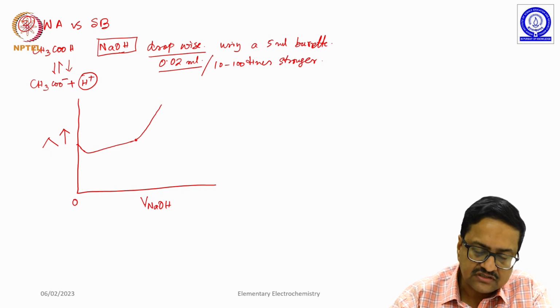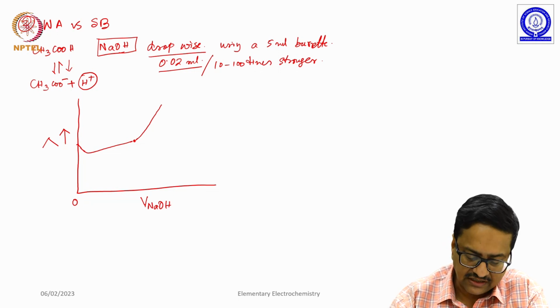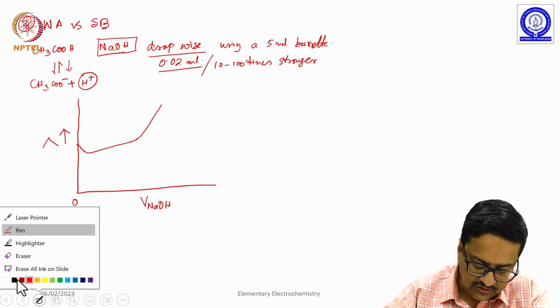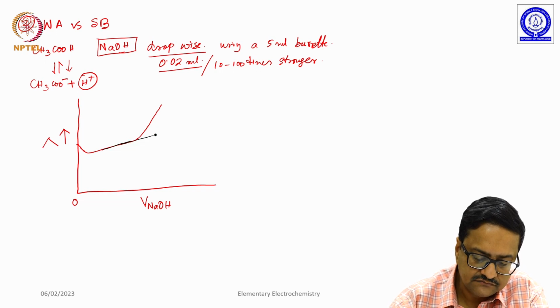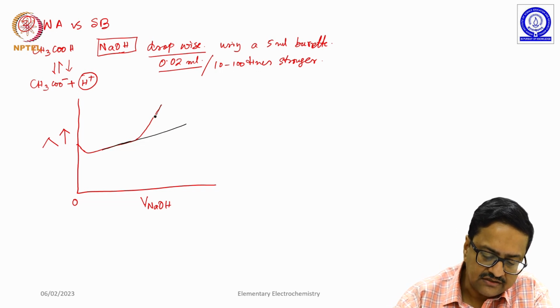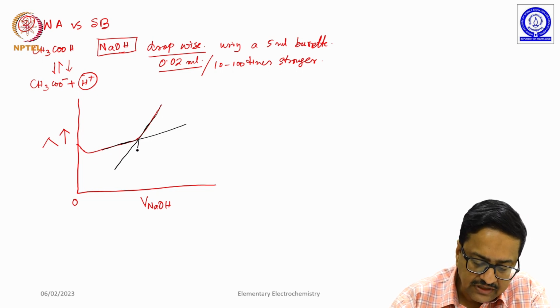So this point, where the deviation starts, one has to draw a tangent on this line and a tangent on that line. Wherever the two tangents meet will be your equivalence point.